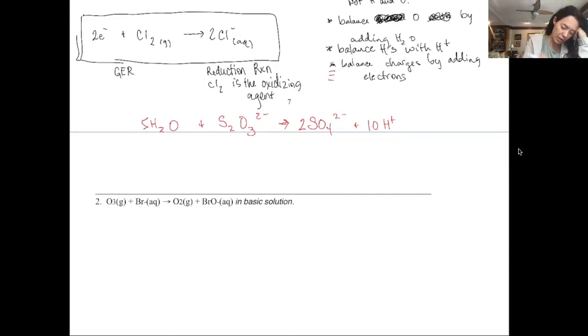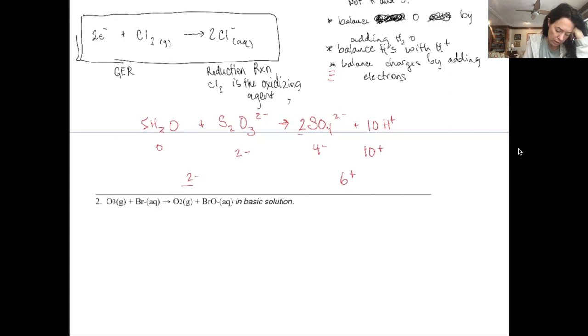Now, I've figured out how to do this easily. This has no charge. This has a 2 negative charge. I'm overall 2 negative. Here I have two negative particles. I have 10 positive particles. That's overall a 6 plus.